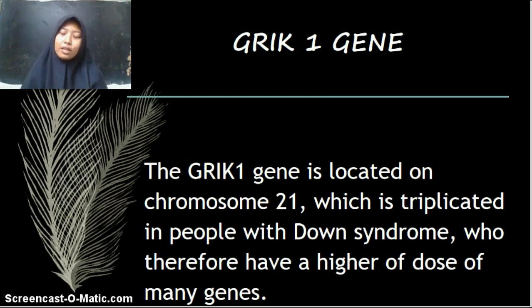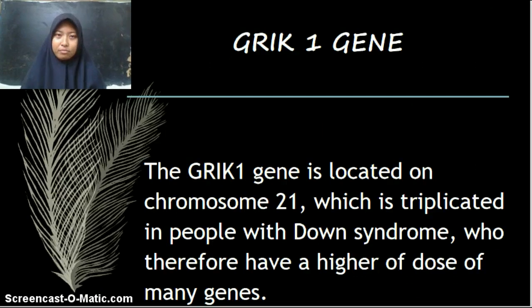Human cells usually contain 46 chromosomes, half of which come from the mother and half from the father. Down syndrome itself occurs when a baby has an extra chromosome that is formed during the development of the mother's egg, the father's sperm, or during the embryo stage of the baby.